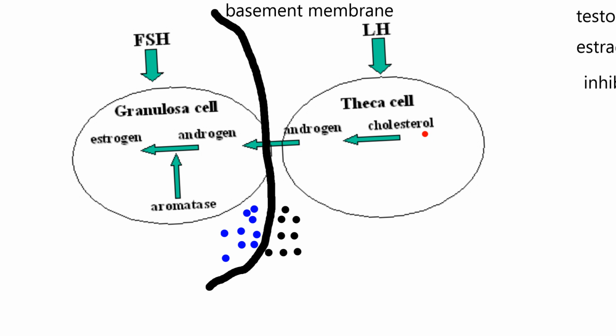Remember, cholesterol is the precursor for all steroid synthesis. And they make androgen. That's a family name, but the most famous family member is testosterone. Okay, so then testosterone is made by theca cells, and it diffuses across to the granulosa cells.